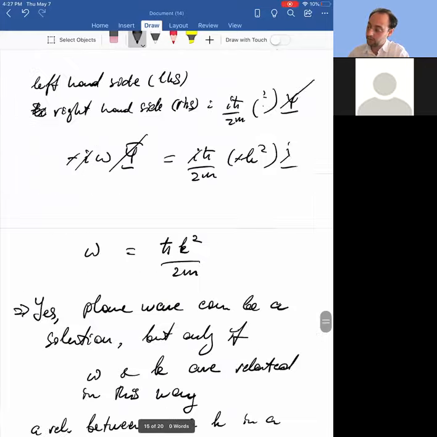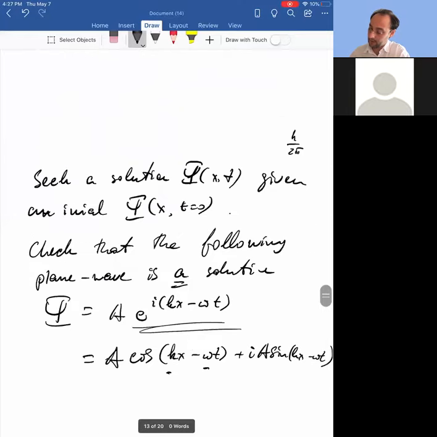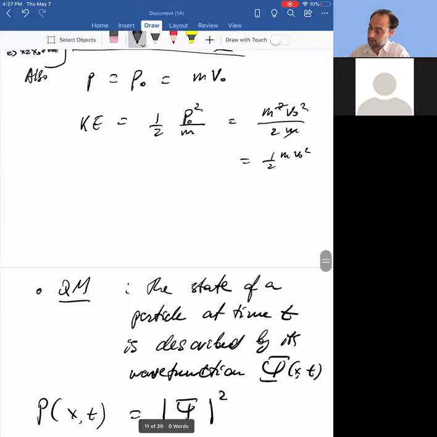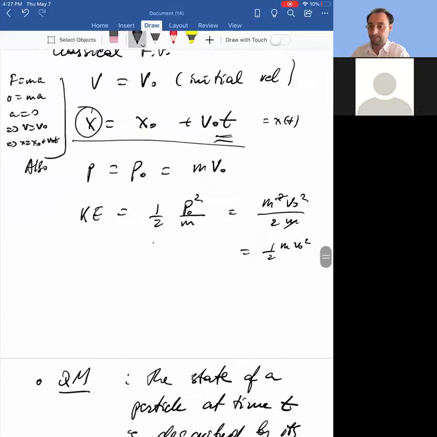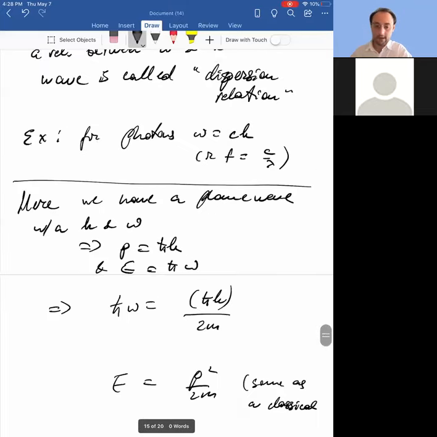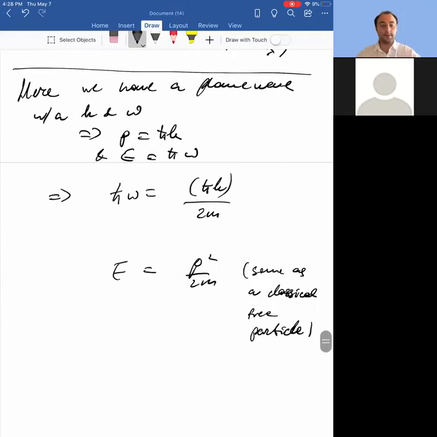Okay, so if you go back to the classical particle, it has this relationship right here. P naught meaning initial momentum, which stays the same as momentum at any time. That's why there's a subscript naught, meaning initial momentum, but it's the same as momentum at any other time, right? So we have energy equals p squared over 2m, and we found that the same relationship holds true in the quantum domain.